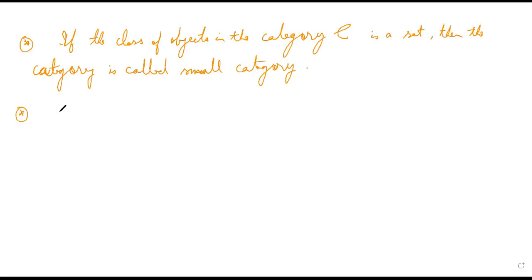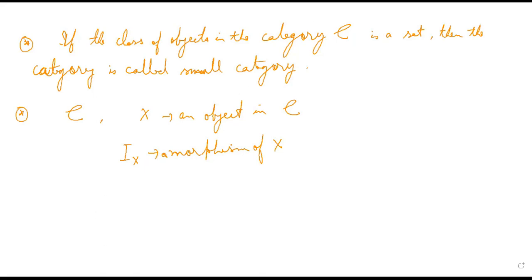So given any category C, for every object X in C, there is a morphism of X, which is called the identity morphism.